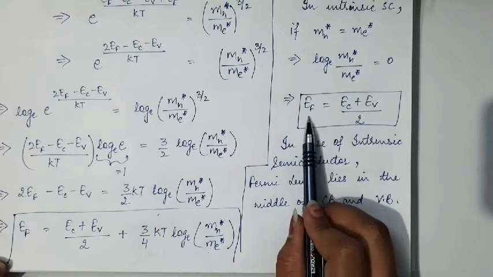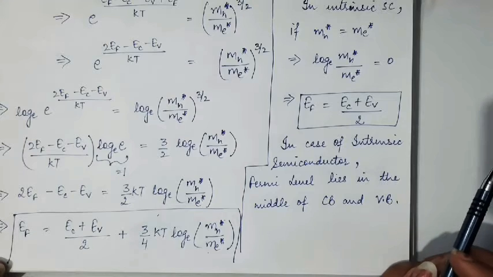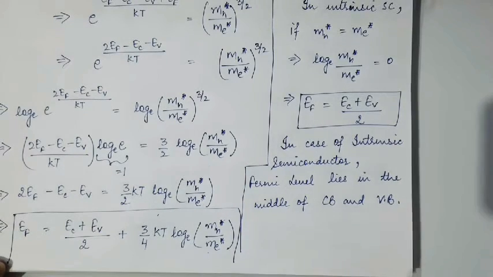It means it will lie in the middle of the conduction band and the valence band in the case of an intrinsic semiconductor.